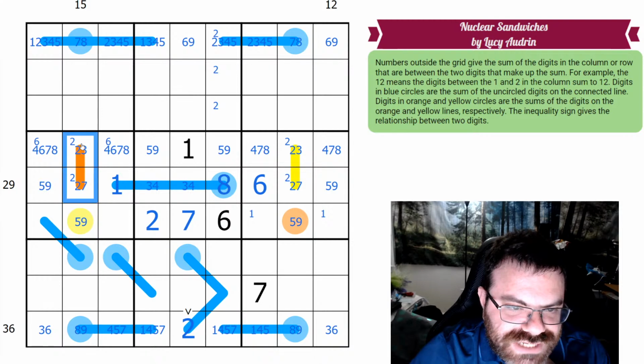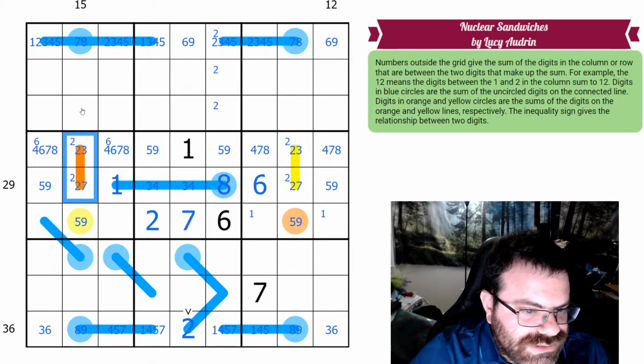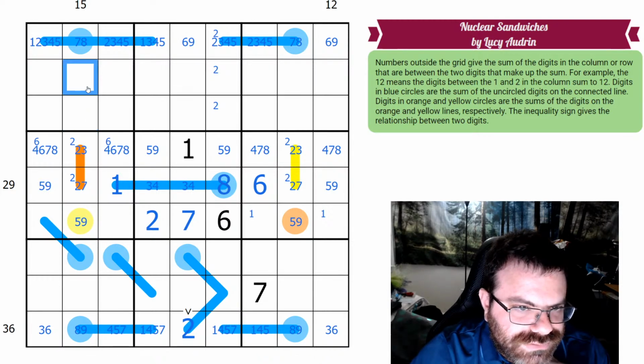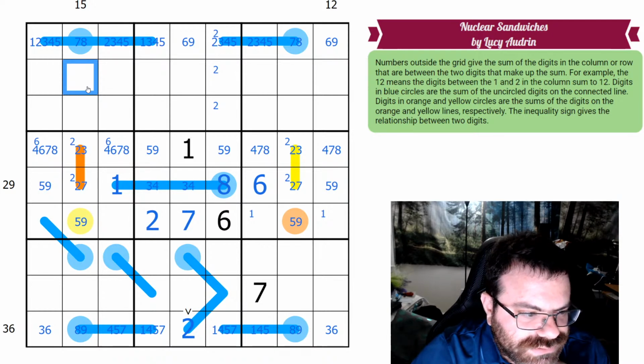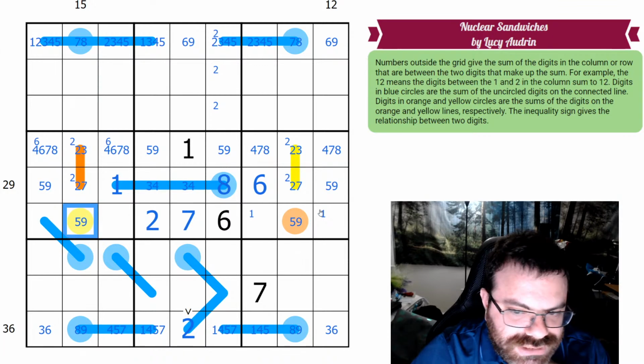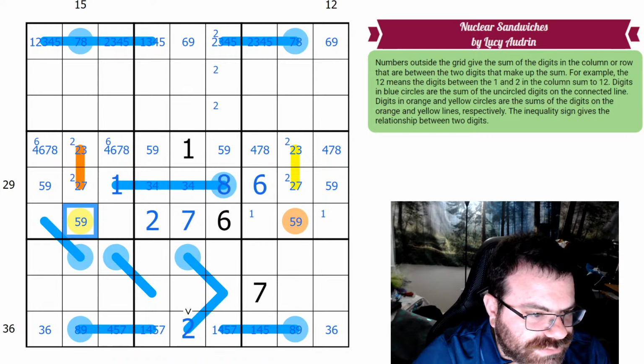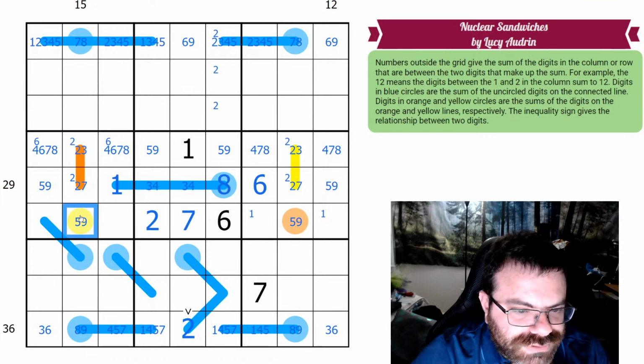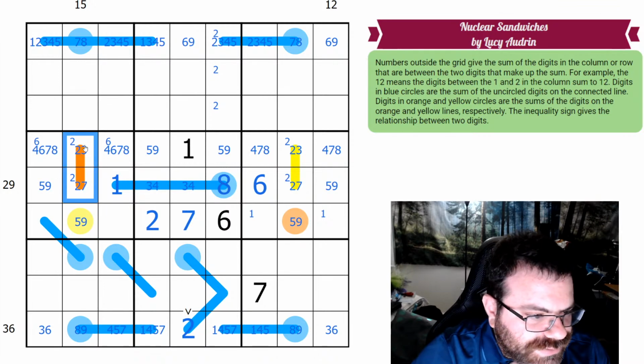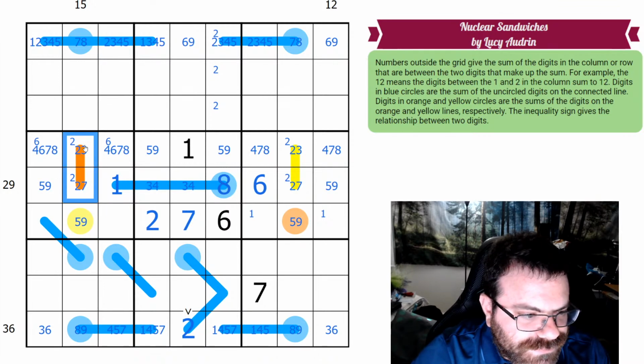So this could be 5, 7, 2, 6, 1. That would be the only way to do it. That works though. If this were 9, none of these would be 5. This would be 2, 3. It's a 2 on the bottom.